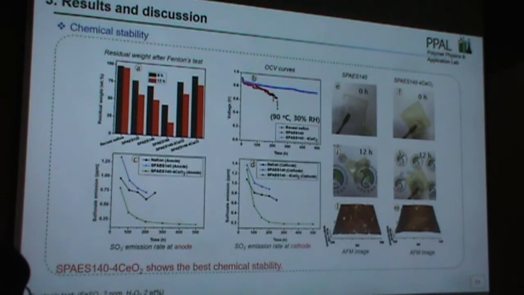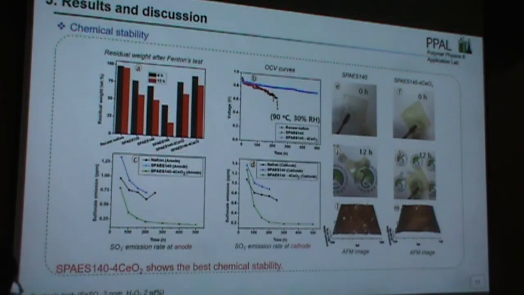And it also confirmed in figure E to K the chemical stability of the membrane. We can see the pristine membrane, after treatment for 10 hours in the Fenton test solution, is easy to break. However, the layer by layer membrane is still stable after treatment.